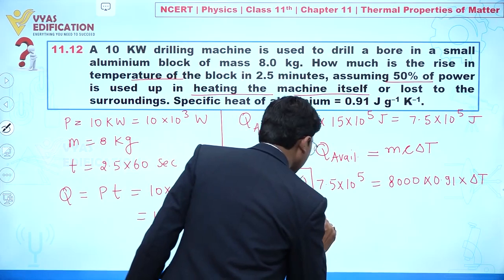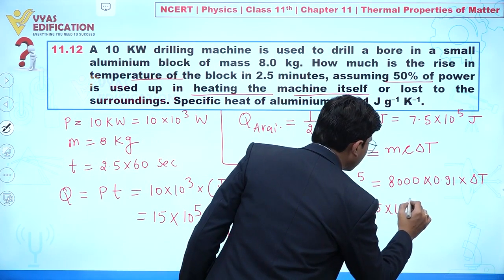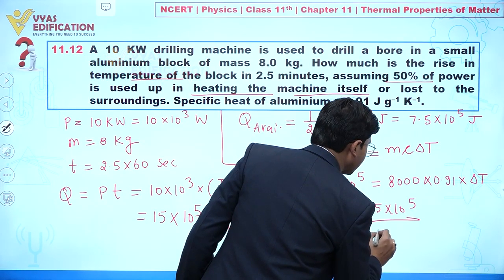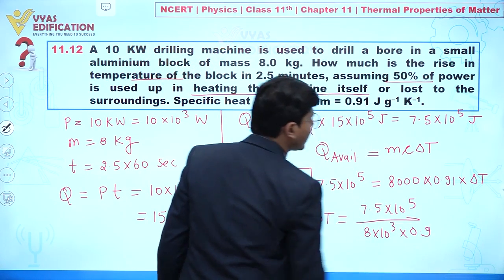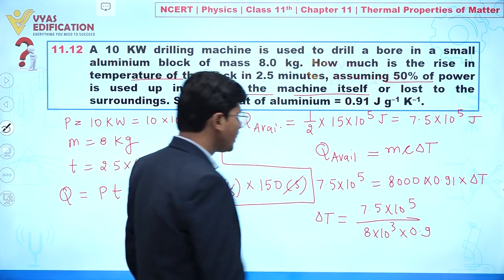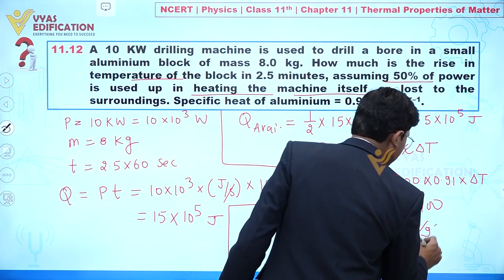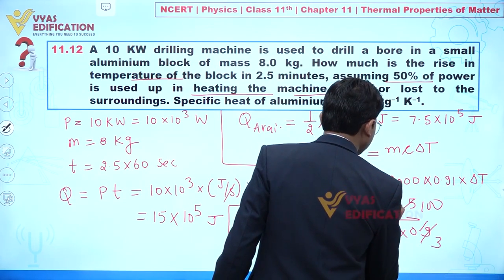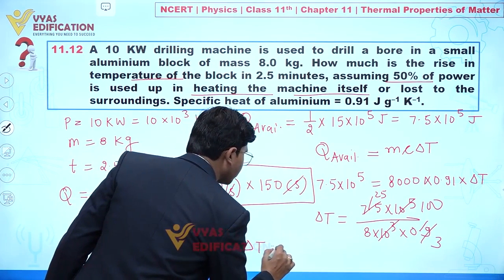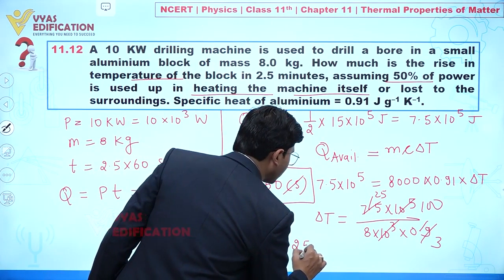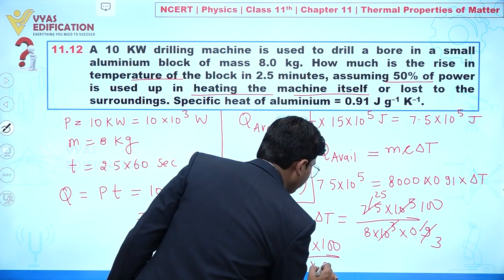So from here delta T is given by 7.5 into 10 to the power 5 divided by 8 into 10 to the power 3 into, let's suppose, 0.9 only. So from here this is equal to 100. The points cancel out. This is 3, and this is 25. So delta T is 25 into 100 divided by 3 into 8.